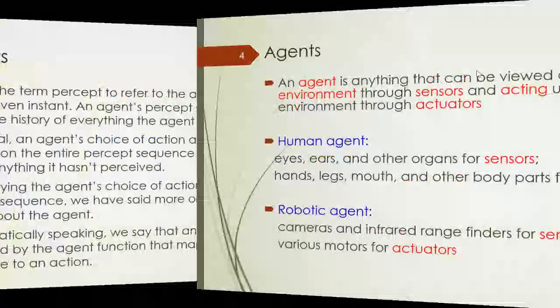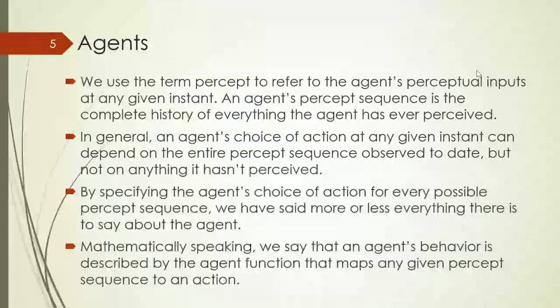We use the term percept to refer to the agent's perceptual input at any given instant. An agent's percept sequence is a complete history of everything the agent has ever perceived.